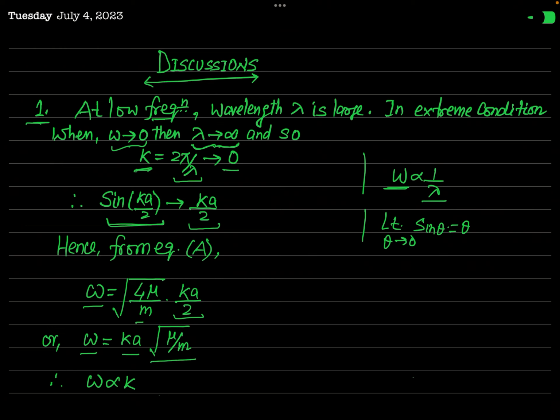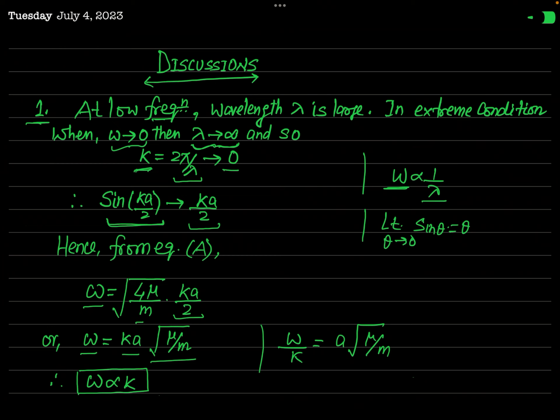So in this condition omega is directly proportional to k. If omega is directly proportional to k, then omega by k will be constant, and from this result omega over k will be equal to a times root of mu over m.